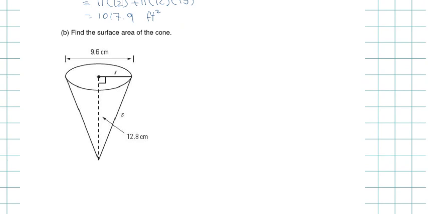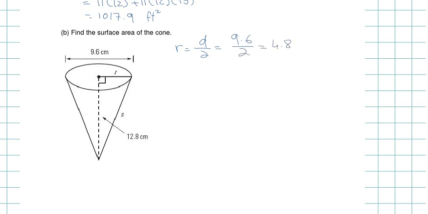Sorry, not the perimeter, the base? No, it's not the base. Oh my god, the diameter. So to find the radius, you do d divided by 2, right? Which is your diameter divided by 2, which gives you 4.8. Okay? So I know my radius.